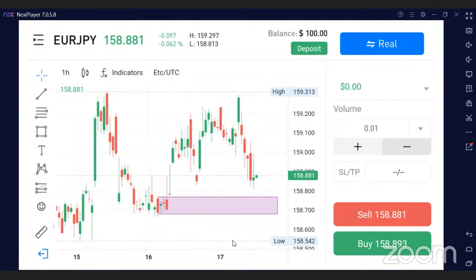So our stop loss will be below this line so that we don't get taken out. Okay, so I want to place a pending order right now. We have to do that by exiting the horizontal.